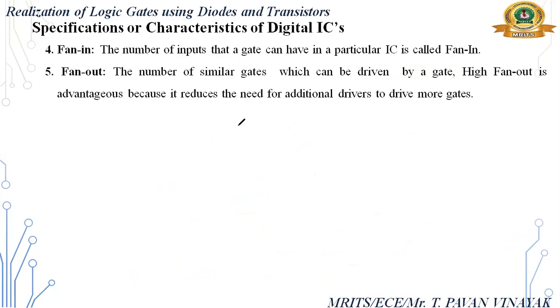Suppose the fan out of the NOT gate is 1, then you can't use it a second time; you have to use one more new gate, because the output can be used only one time for another circuit. The advantage of fan out is it reduces additional circuits, but if fan out is less, we require more number of gates. So more fan out is best.